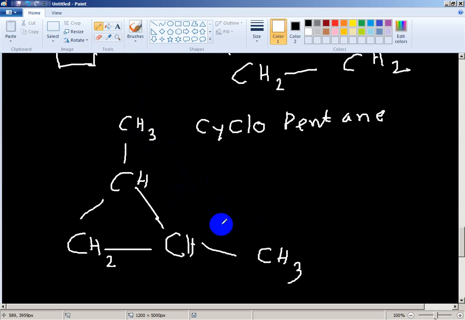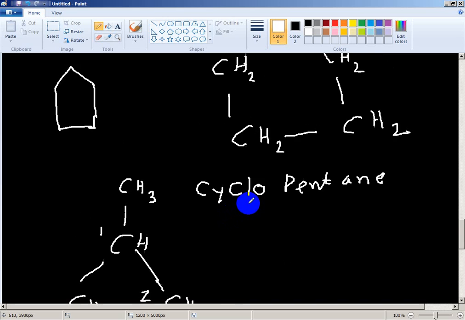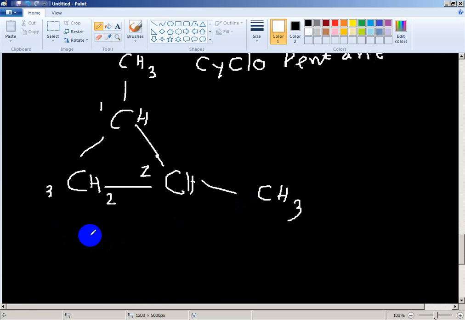Okay, how many carbon? 1, 2, 3, 4, 5. Hydrogen 3, 4, 4, 6, 7, 10. Okay, 10. This is isomer. What is the name? This one I give numbering 1, 2, 3. This is propane.